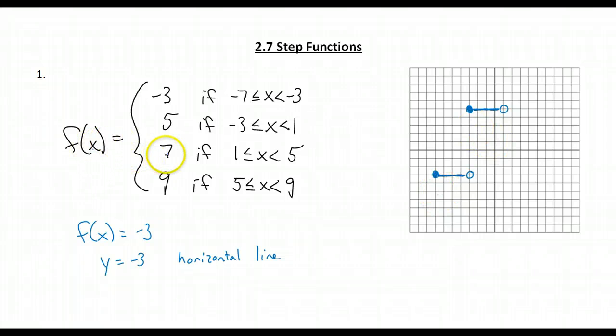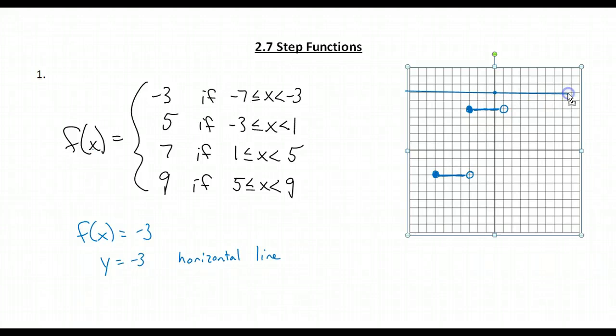When f of x equals 7, again I have a horizontal line. But I only want to include the points when x is between 1, including 1, and 5. So I'm going to go to the right 1, and I'm going to output 7.